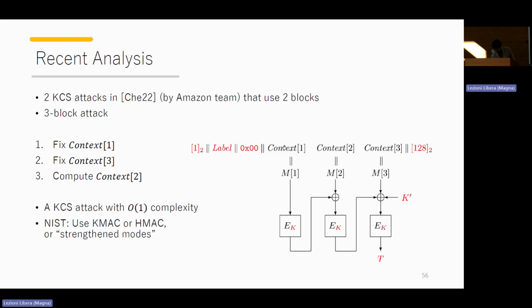We just fix context 1 to some value, and we can compute until this point. We fix context 3 to some value, we can compute until this value, and we can compute context 2 accordingly. So this gives us a key control security attack with order 1 complexity. And NIST says to use KMAC or HMAC, or there is also a strengthened mode to use with CMAC.